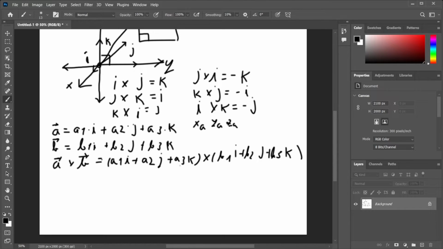I hope that you understand. And just like the basic product, I'm going to take the first and the second. What will it return? So let's say a1, we can move it to the back, the i times b1.